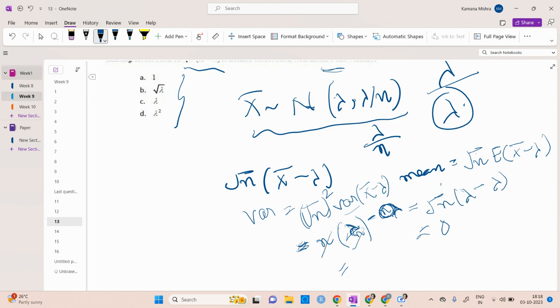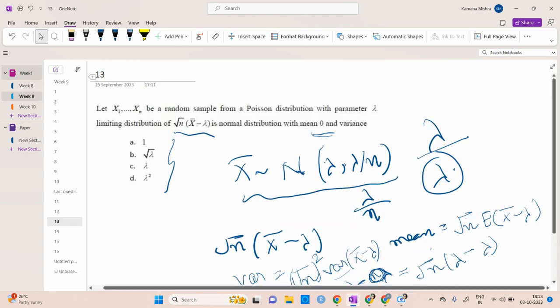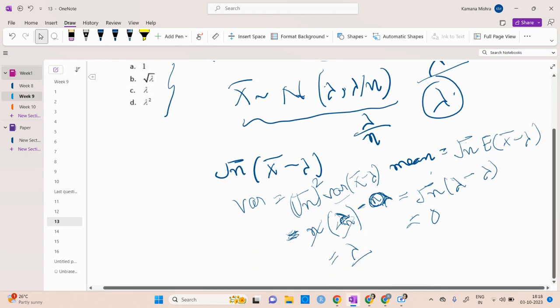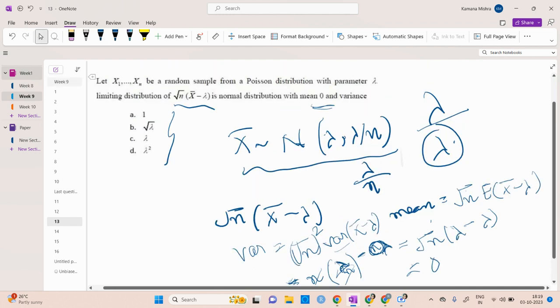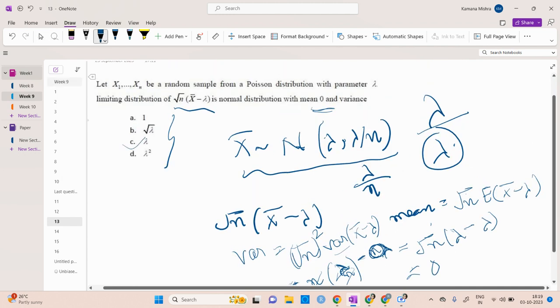So it cancels out and it will come as lambda. So the answer is normal with mean 0 and variance lambda.